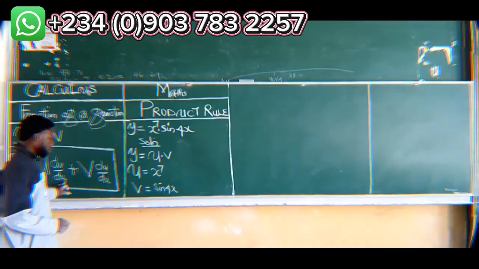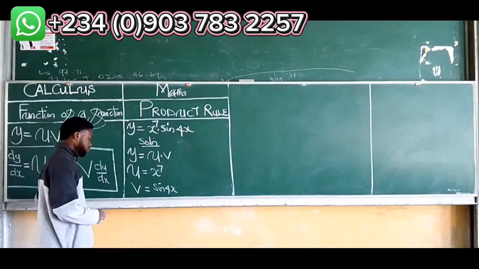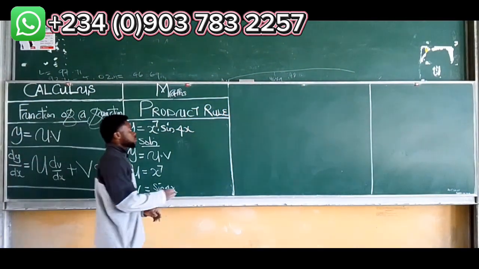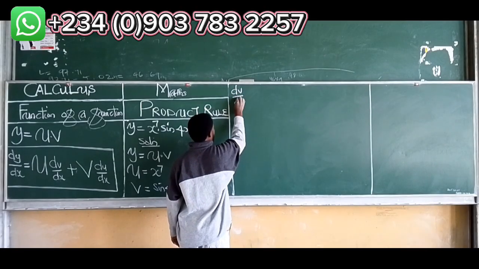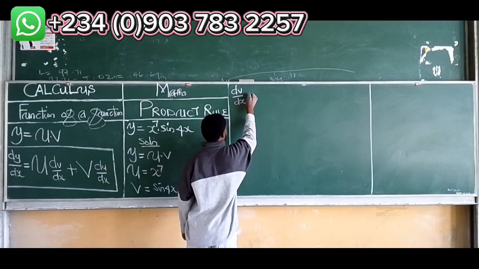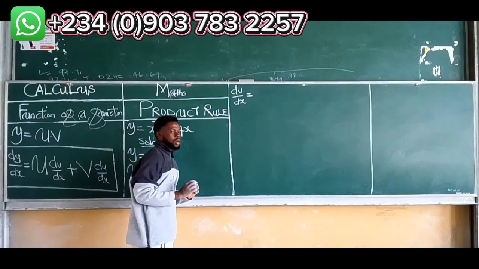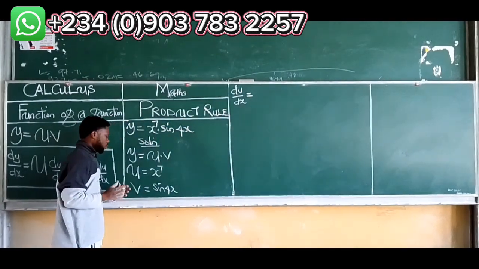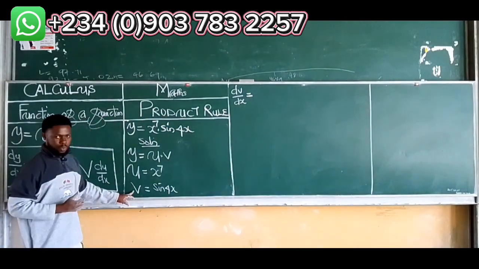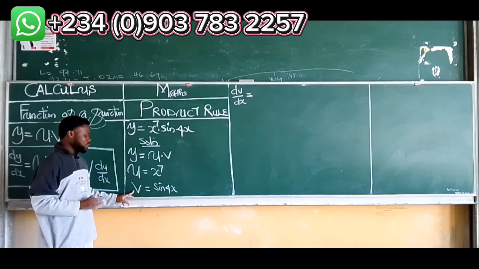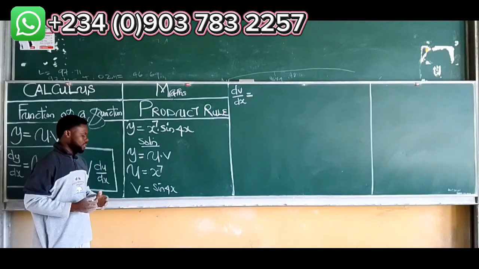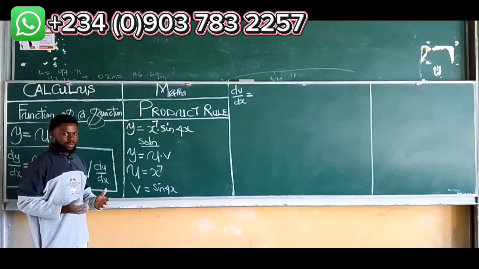dv over dx will equal to, now take note of this. There's a little big problem here, but it is something that we can handle, and it's something that we have handled in our previous lesson when we talked about chain rule.